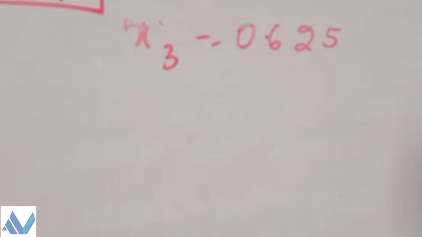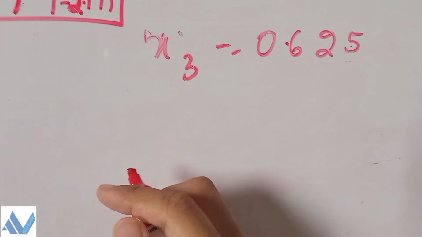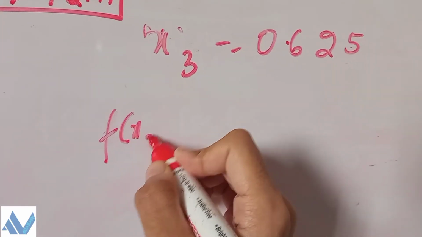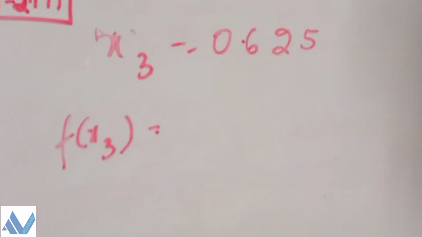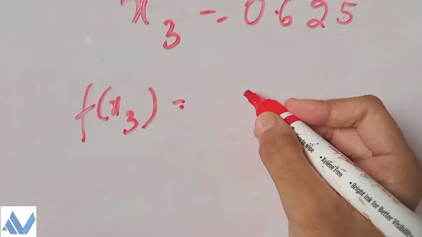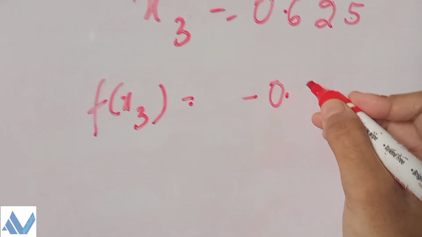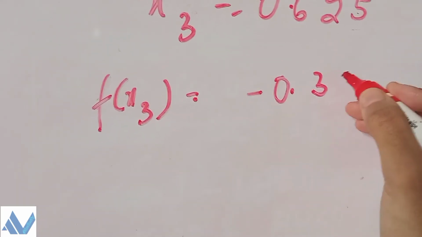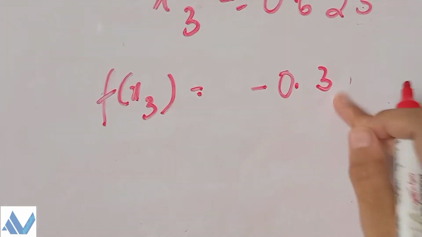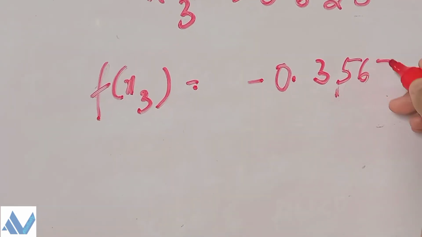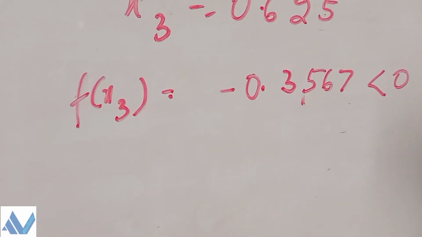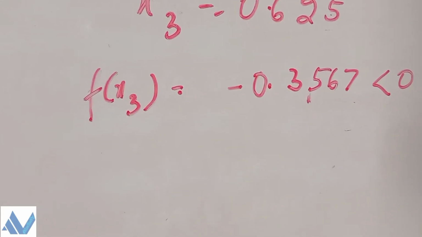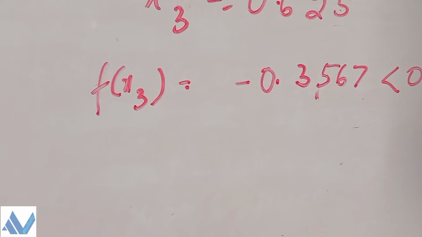Now 0.625 again you have to substitute in the equation, that is f of x3, after substituting 0.625 in the equation, you get the value as minus 0.3567, which is again less than 0. Yes, so we had taken f of x2 is less than 0.